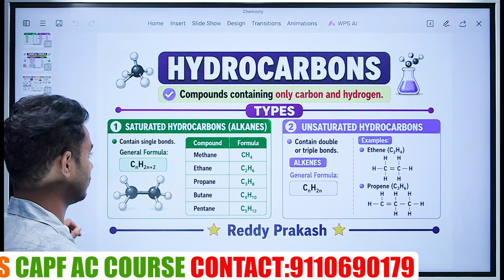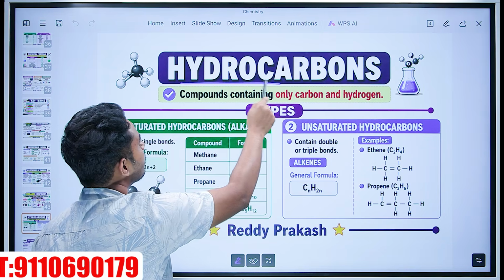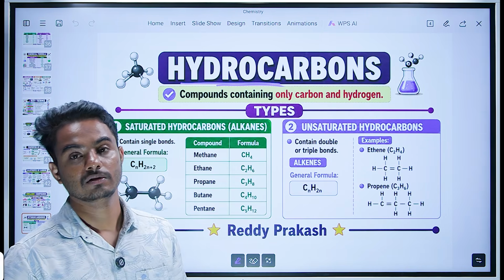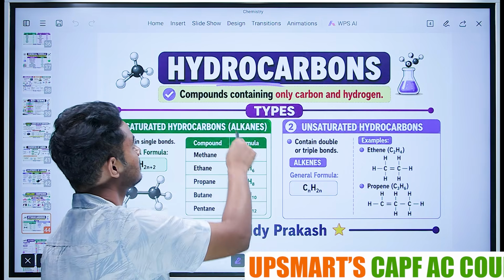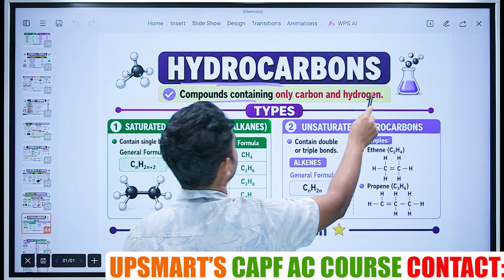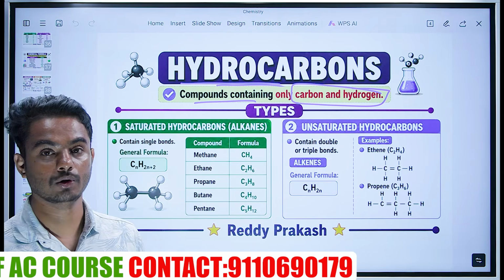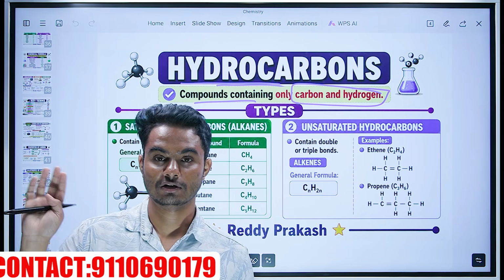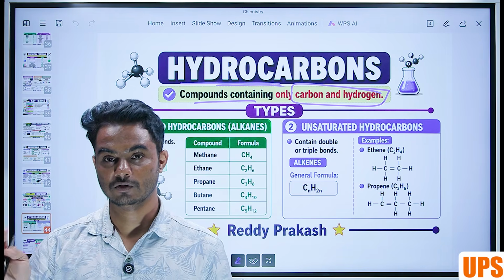Now we will go to hydrocarbons. What are hydrocarbons? We know hydrocarbons usually means the energy and oil which we consume. But why? Because these compounds contain only carbon and hydrogen. No functional groups like OH, CHO, COOH, CO. All those things will not be there.